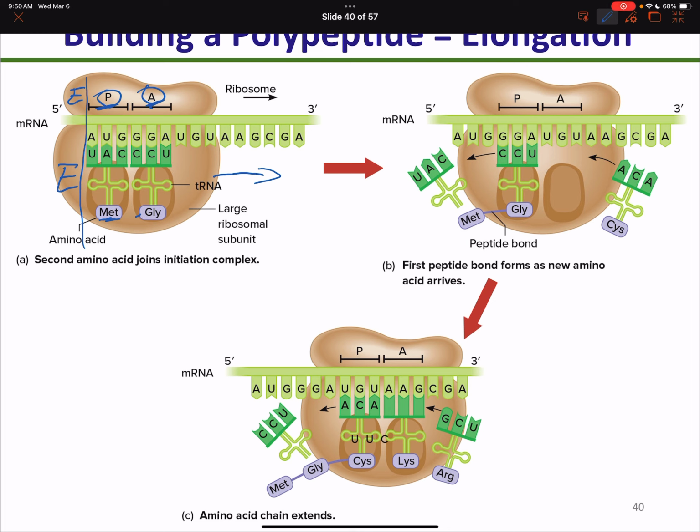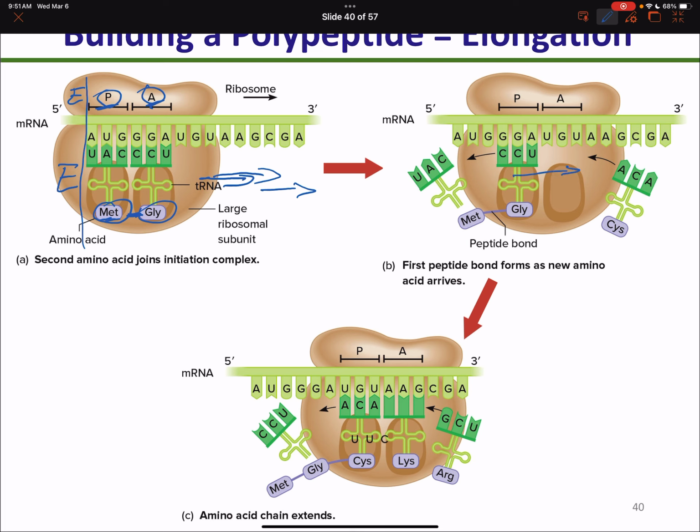So now we have methionine, we have glycine, then you have the ribozyme that is going to cause an attachment between methionine and glycine, right? Now, the ribosome is going to shift this way and keep moving this way. So the ribosome moves this direction.